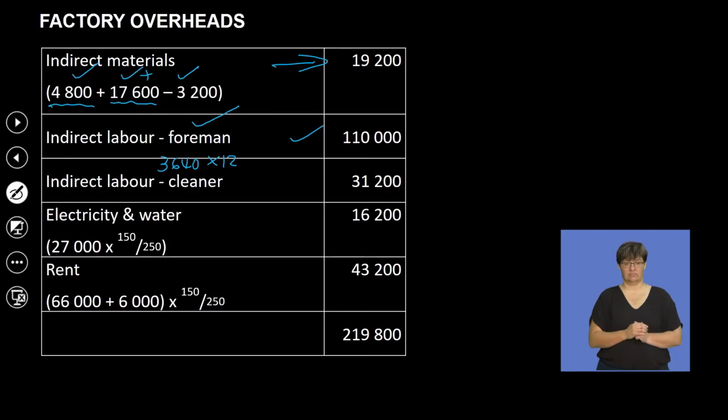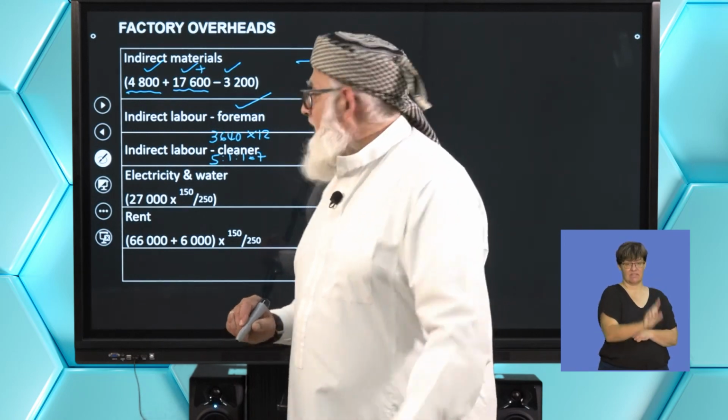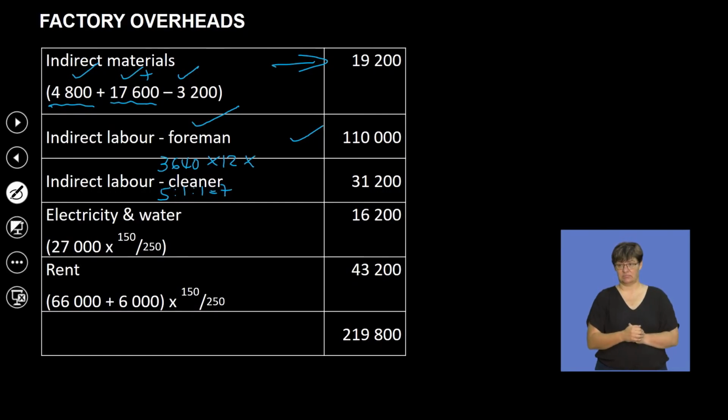When you get something like that, people, this is what you do. 5:1:1, add it up, will give you a total of 7. 5 plus 1 is 6, plus 1 is 7. So the factory will get 5/7 of that amount. So in other words, times 5/7. Clear? So that's how you calculate your indirect labor, and that was the cleaner.